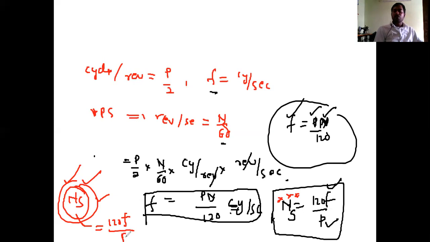This is all about a synchronous generator: frequency, poles, and speed relationship.